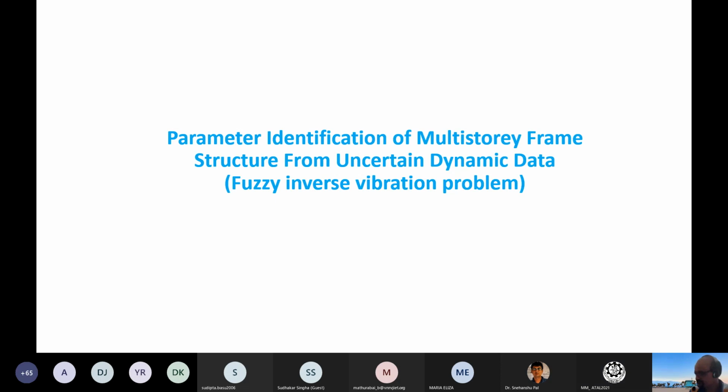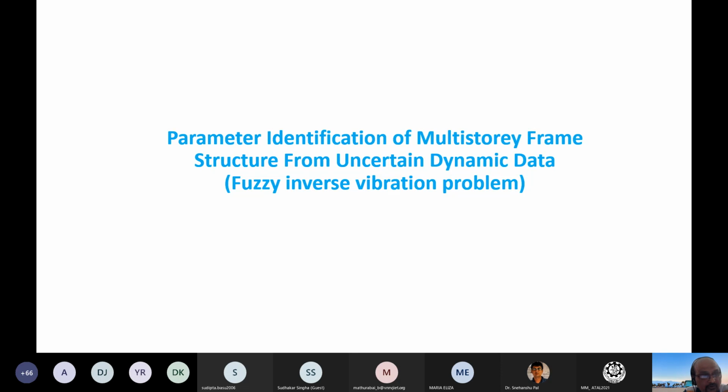So next is parameter identification. Parameter identification is nothing but estimation of the parameters. We have two types of problems in general, in engineering or science: the direct problem or the inverse problem. In direct problems, we are given all the parameter values and we find the response.